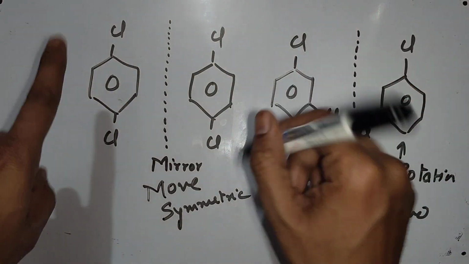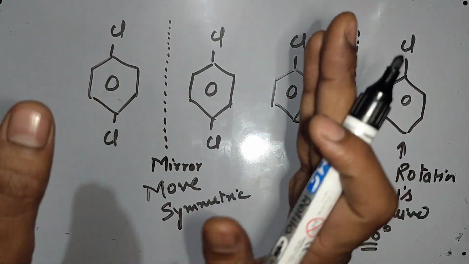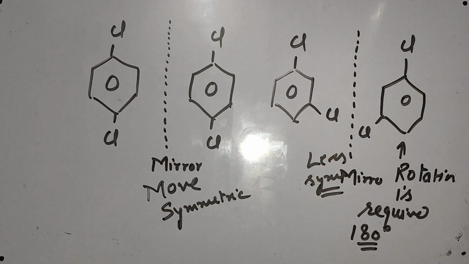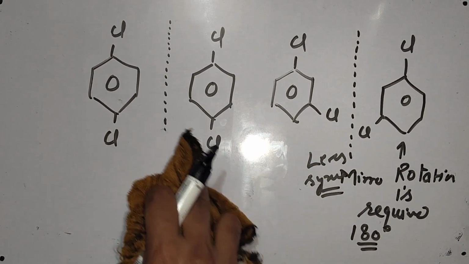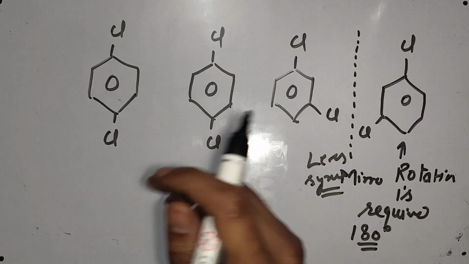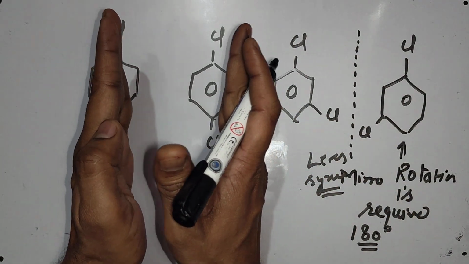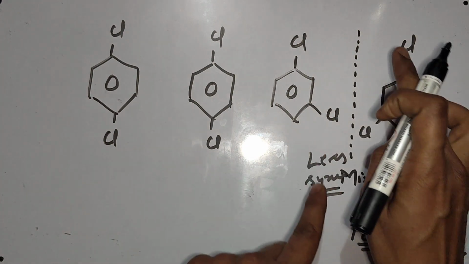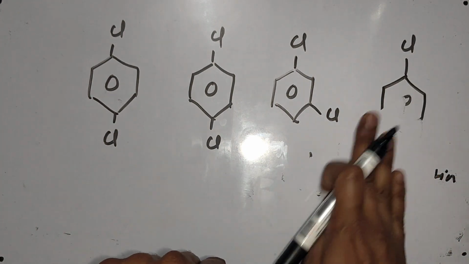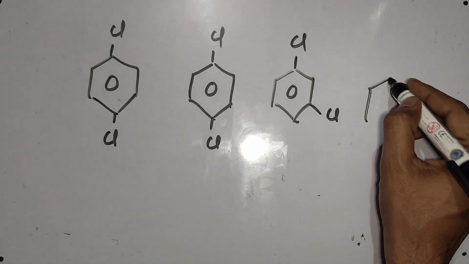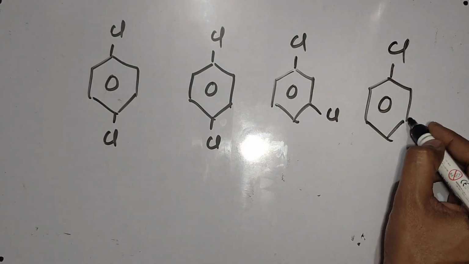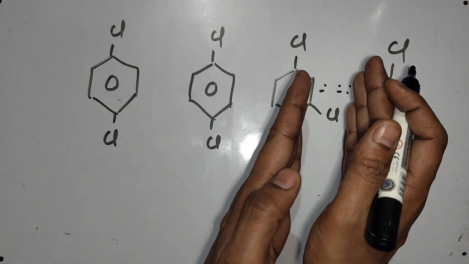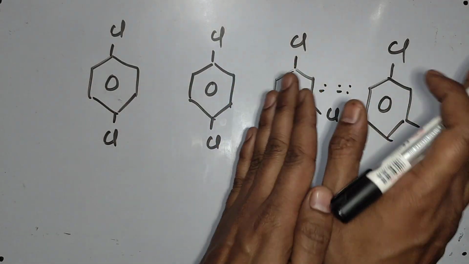That's it. This is the point which makes the difference between the boiling points of para and meta. Para particles are more symmetrical. No doubt they don't have dipole-dipole interaction, but due to more symmetry, they get close to each other and pack well. In meta cases, dipole-dipole interaction is there, but packing is not so good because the particles are not symmetrical.